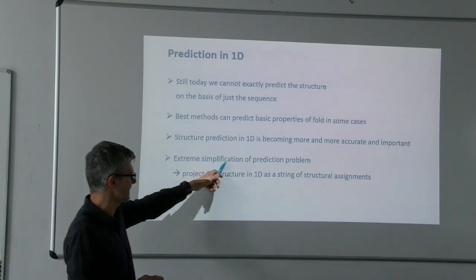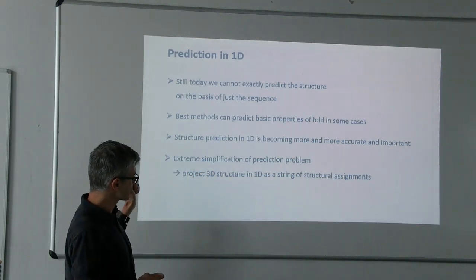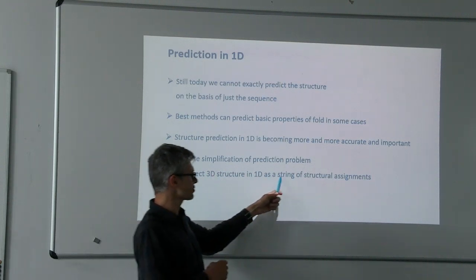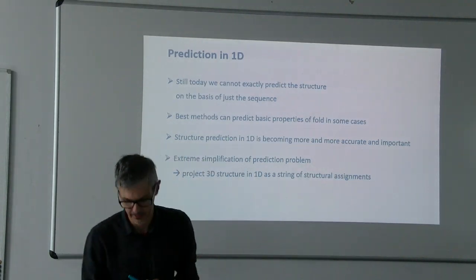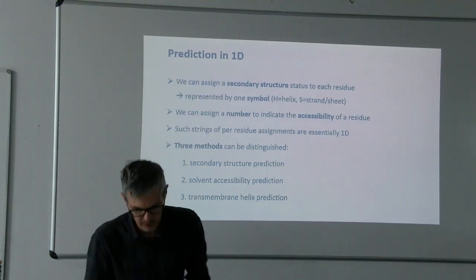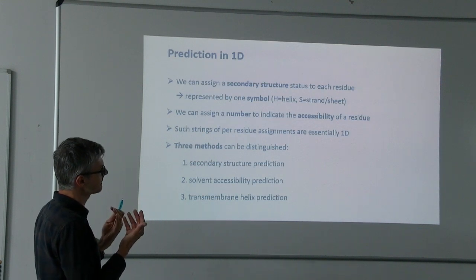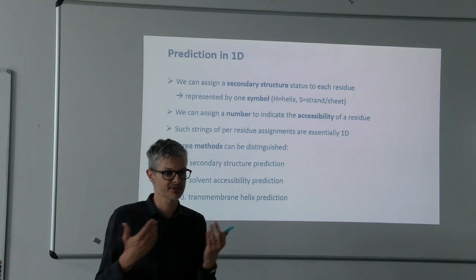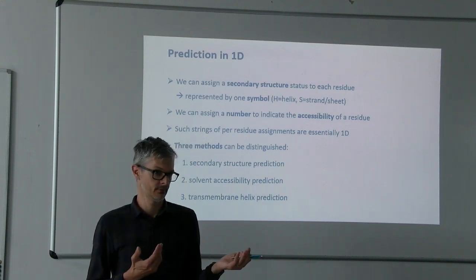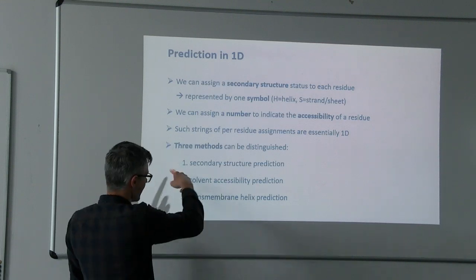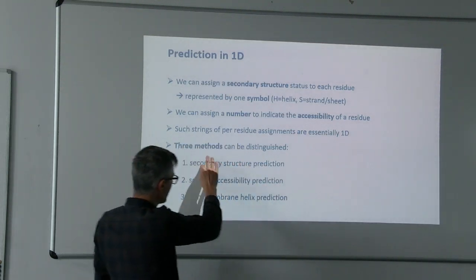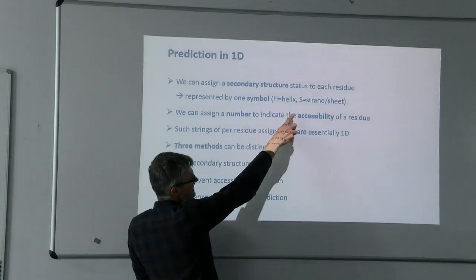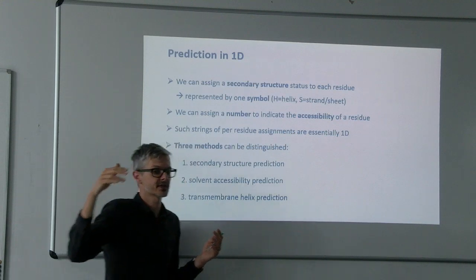It's actually a simplification where for each residue in the 3D structure, you assign a string of structural assignments in one dimension. How does this work? For example, for an amino acid, you can say, is it part of a helix? Is it part of a strand or is it part of a loop? So if you write down the amino acid sequence, below the sequence you could already say, is it an H, a helix, is it an S, a strand, or an L, for example, for a loop.